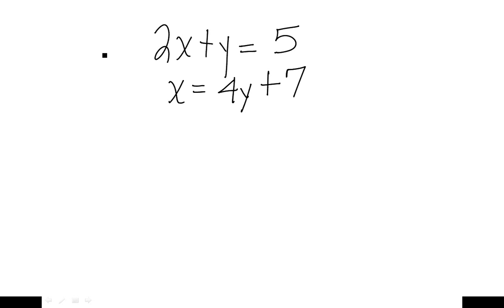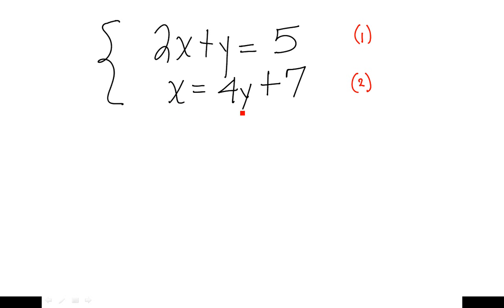Let me label the equations as equation 1 and equation 2. In equation 2, notice that one of the variables is already set equal to everything else. So x is already alone on one side.